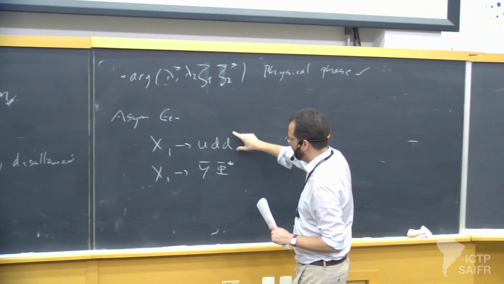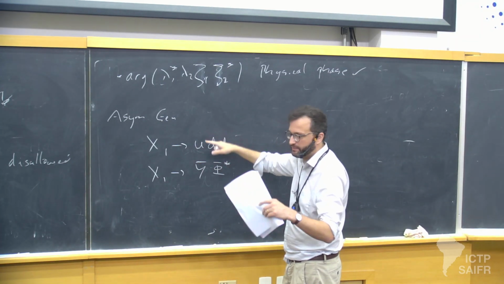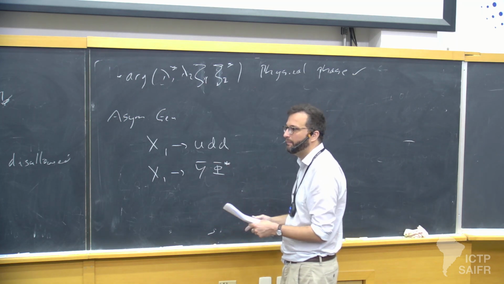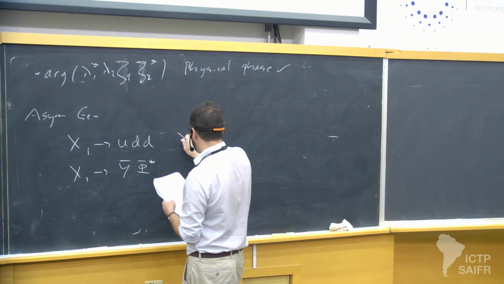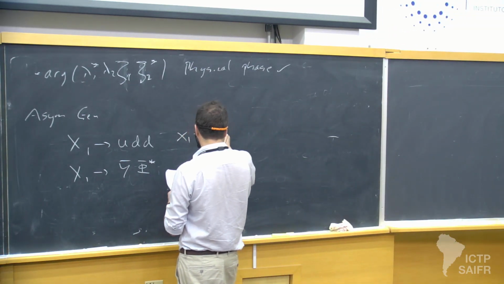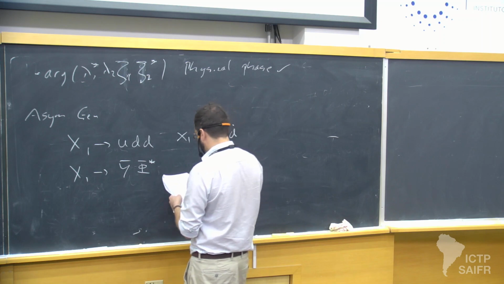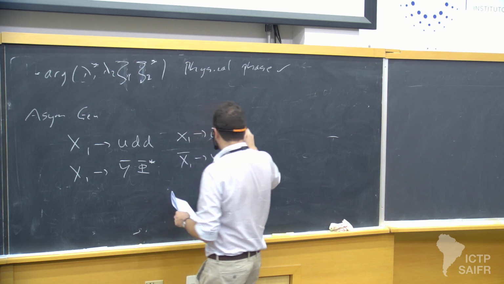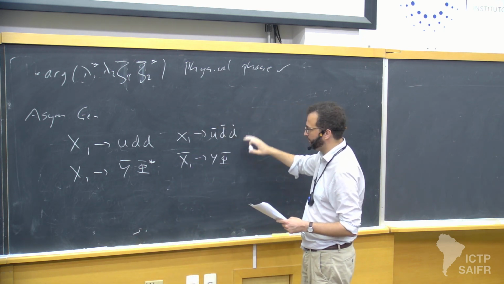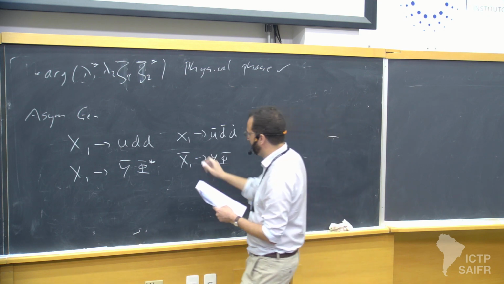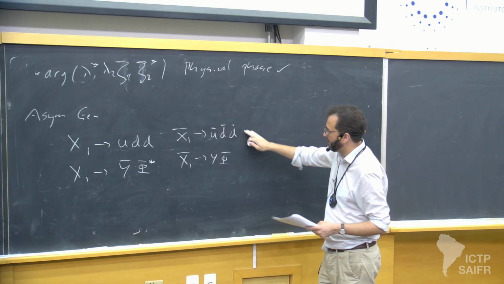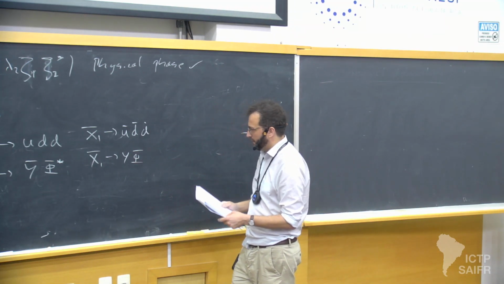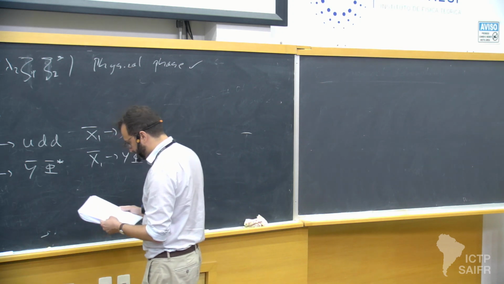So you see, this final state carries visible baryon number, and this final state can carry dark baryon number, yeah? This final state carries negative baryon number 1, and this dark baryon number minus 1.